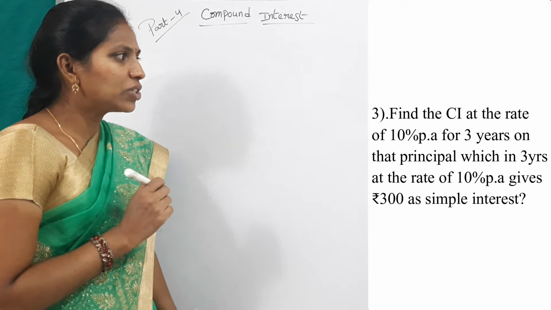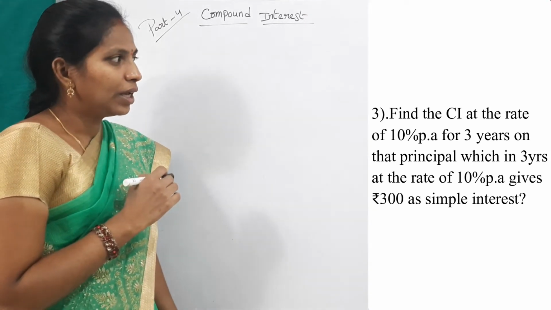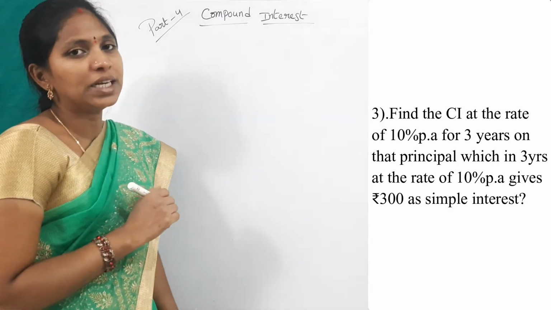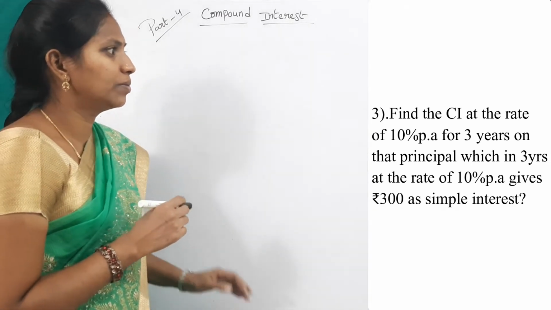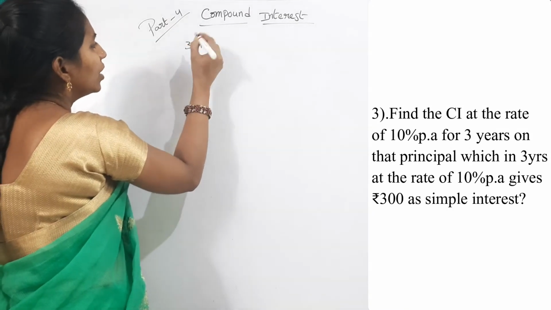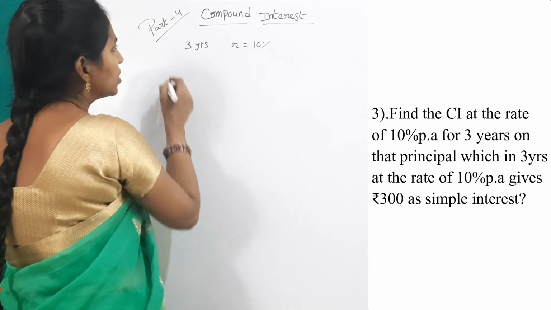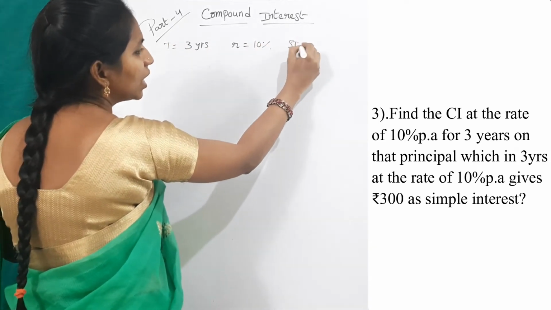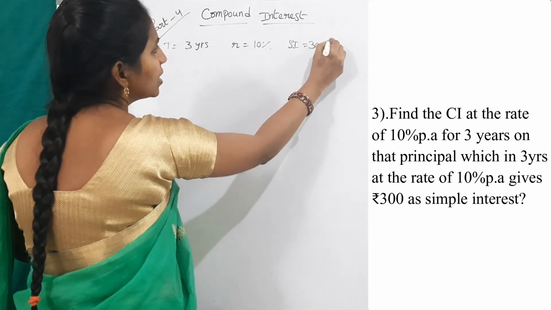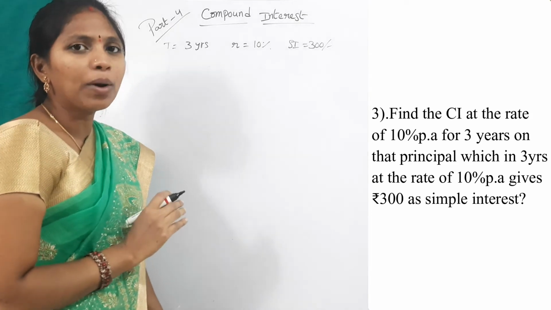Here given information is simple interest is 300 rupees, rate of interest R is 10% per annum and T is equal to 3 years. Then find out the corresponding compound interest.